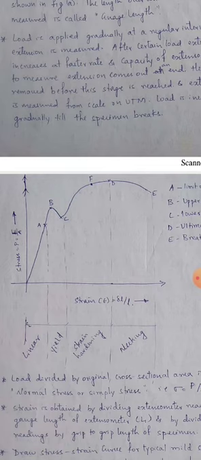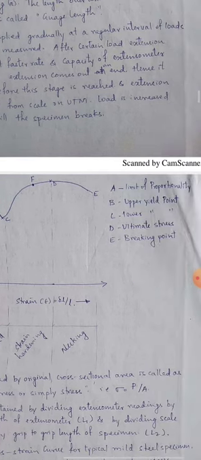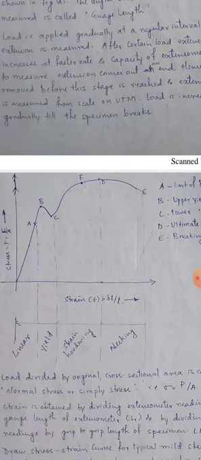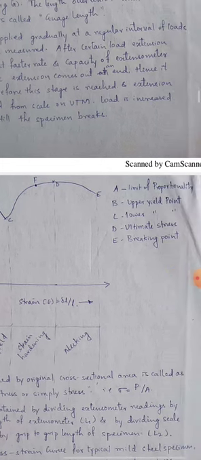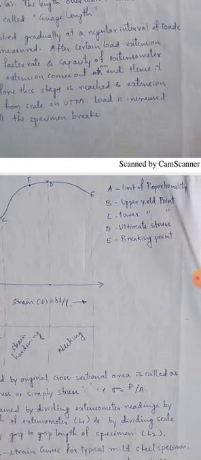Initially, as the load increases, the strain varies linearly. The strain and stress values vary linearly up to point A. Therefore, that point is the limit of proportionality. Again, as the rate of loading increases, the material holds its capacity up to point B. Therefore, point B is the upper yield point.